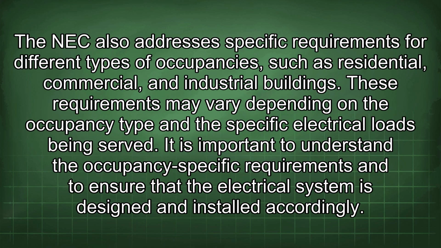The NEC also addresses specific requirements for different types of occupancies, such as residential, commercial, and industrial buildings. These requirements may vary depending on the occupancy type and the specific electrical loads being served. It is important to understand the occupancy-specific requirements and to ensure that the electrical system is designed and installed accordingly.